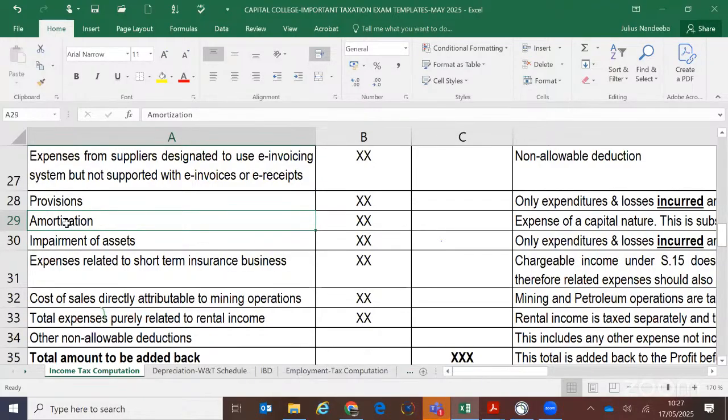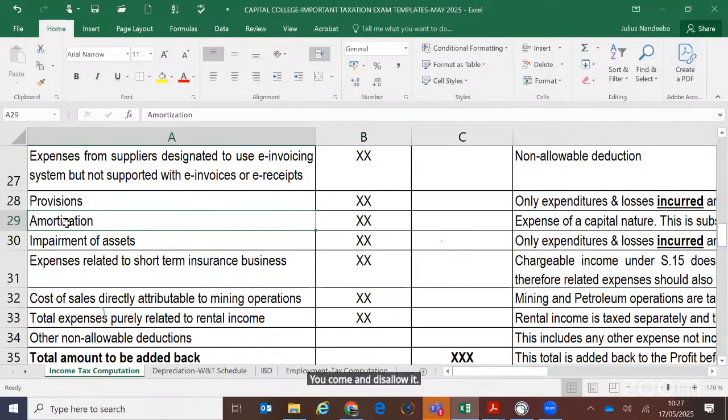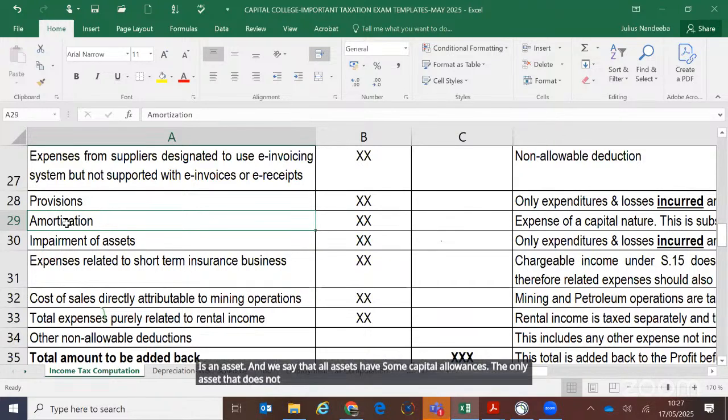You can only have amortization if you have an intangible asset. So the accountant is going to calculate amortization and put it in the expenses. You come and disallow it. The question is, remember that an intangible asset is an asset. And we said all assets have some capital allowances. The only asset that does not have capital allowance is land.